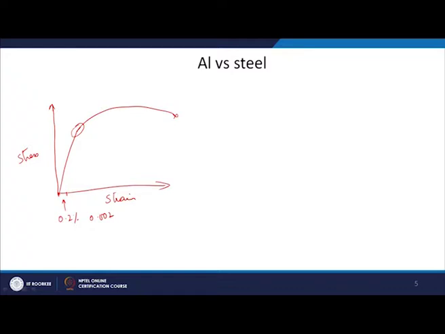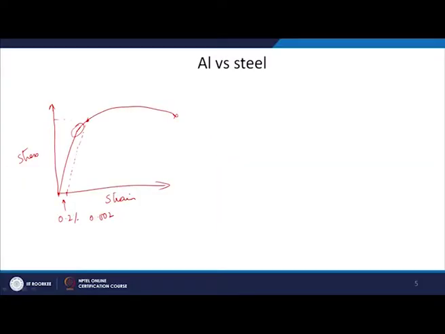You take an offset of 0.2% strain, and then you plot a line which is parallel to the elastic portion of this stress strain curve, and wherever it cuts the stress strain curve, that I will call my yield strength.